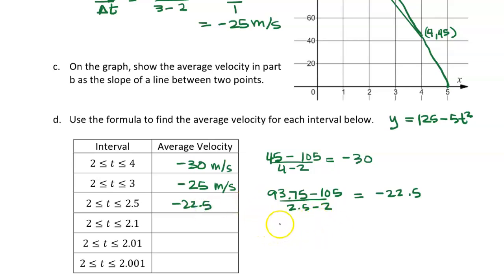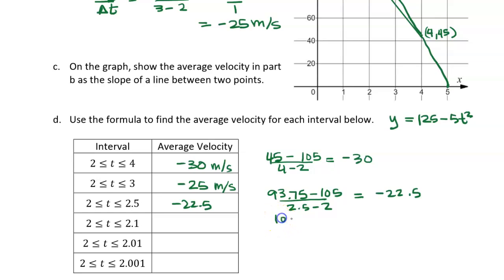All right, I'm just going to do that all the way down. Just going to plug in the value on the right-hand side of the interval and subtract 105 from it, because that's my value at 2. And then I'm going to divide by the time interval. When I do that for each one, I'll write out one more.